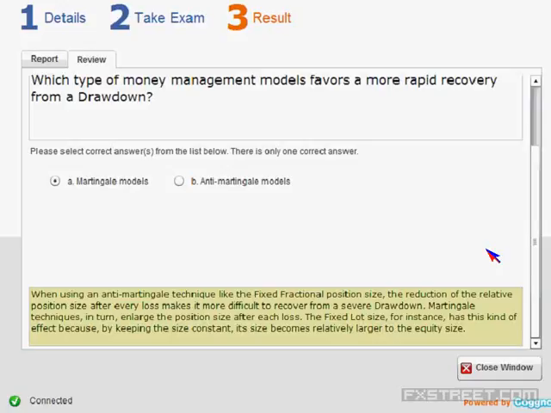The fixed lot size, for instance, has this kind of effect because by keeping the size constant, its size becomes relatively larger to the equity size. So that is why by trading a fixed lot size, theoretically, you recover faster from a drawdown than with a fixed fractional, although the fixed lot size is not a martingale technique in itself.